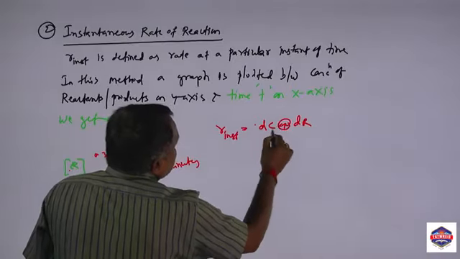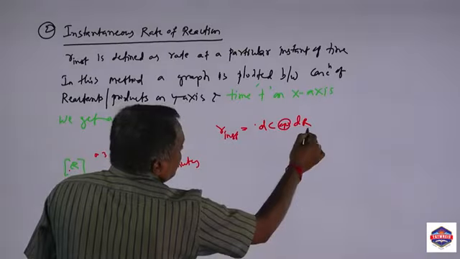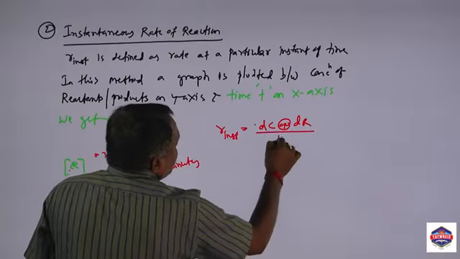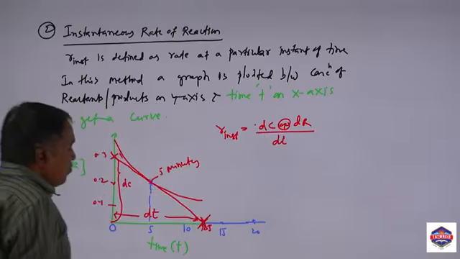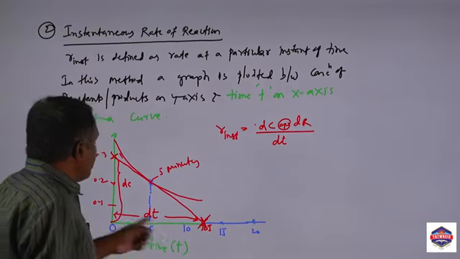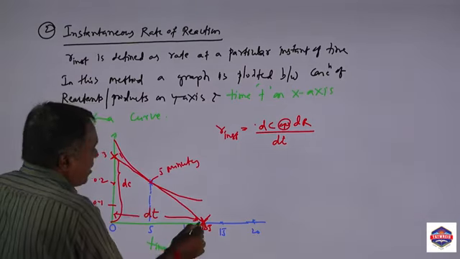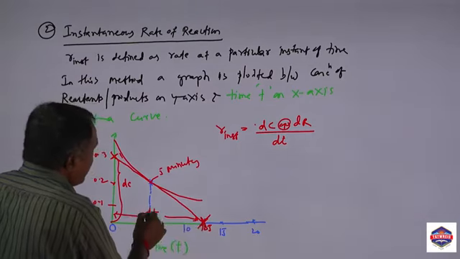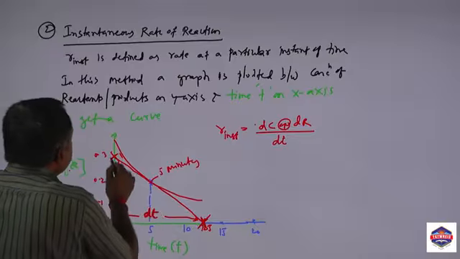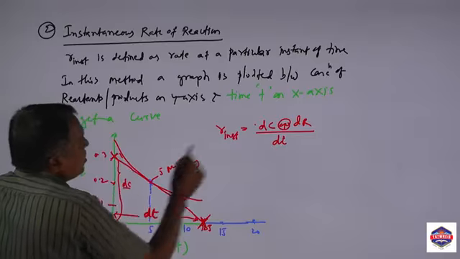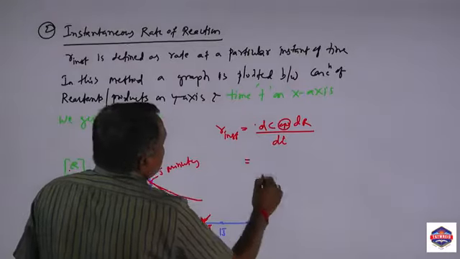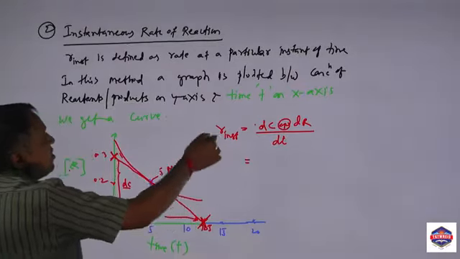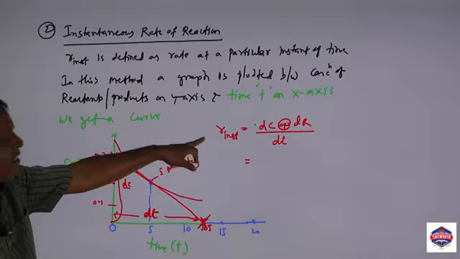This is the concentration of reactant, by dt. This is the change in time. Here this is equal to 12.5. The line where it touches the x-axis is dt. The line where it touches the y-axis is dc. Therefore, dc by dt is the slope of the tangent, which is equal to the instantaneous rate.